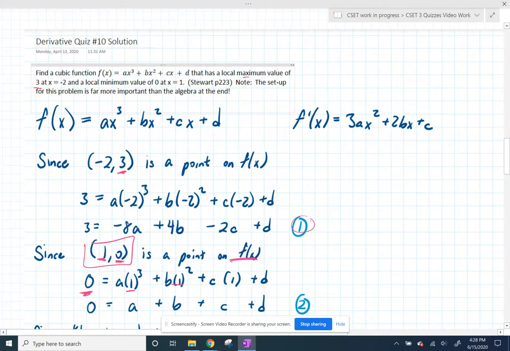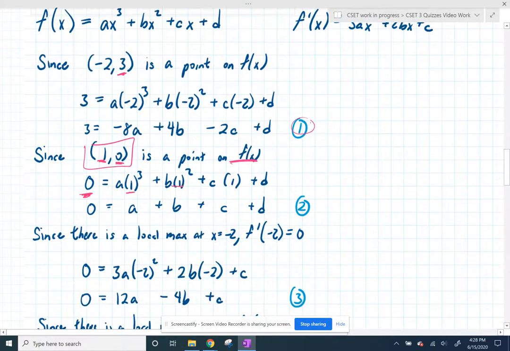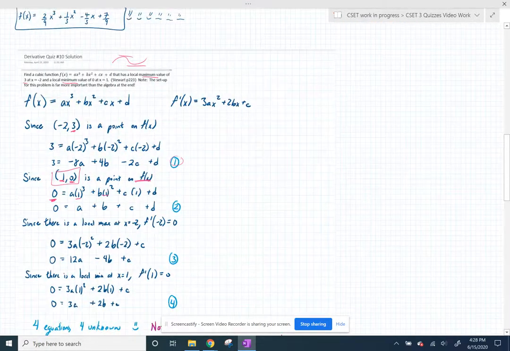Now, we know that maximums and minimums happen when your derivative is 0. So we take our derivative, so 3ax squared plus 2bx plus c, and then remember a, b, c, and d are all constants, so you treat a d just like you would a 5, so the derivative of that is just 0.